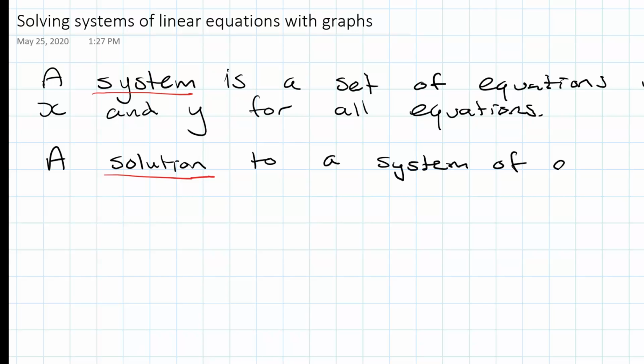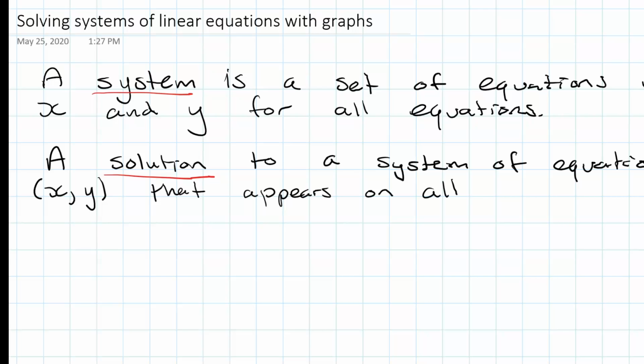A solution to a system of equations is a point, an xy point, that appears on all lines in the system. So it's a place where lines will cross.